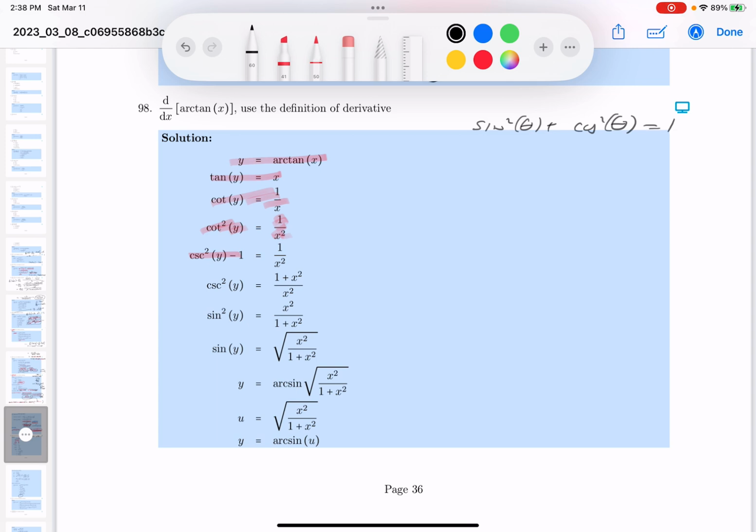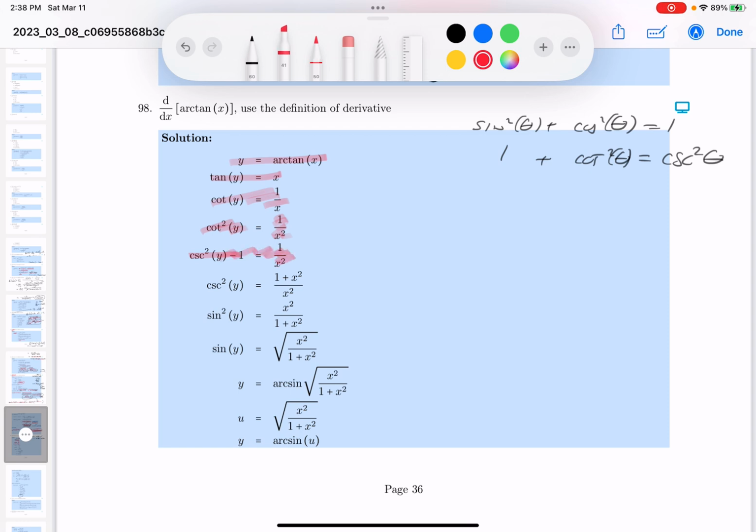If you divide through by sine squared theta, you would get 1 plus the cotangent squared theta is equal to cosecant squared theta. And then if I write that down, the cotangent squared would be equal to cosecant squared theta minus 1. So I'm seeing that over here. We just did that over here. So I'm feeling pretty good about that.